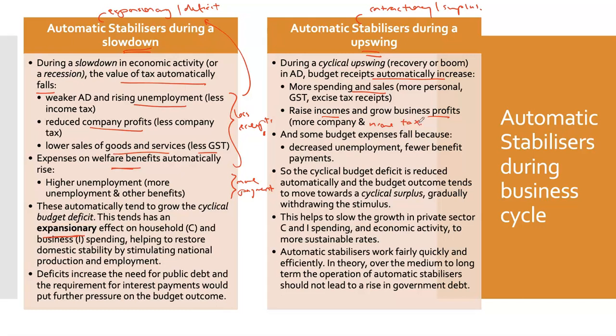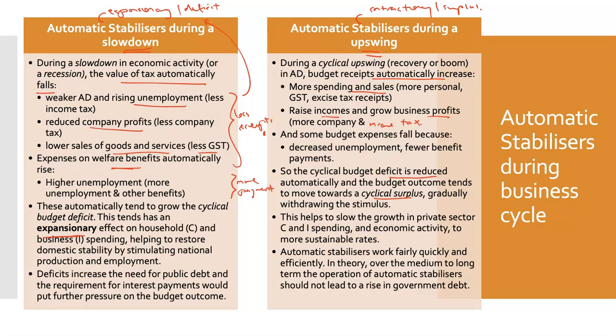And some budget expenses will fall because there's going to be less welfare payments. So if we have more receipts and less payments, we are going to have a cyclical budget deficit that is going to be reduced, and we might even move to a cyclical surplus.